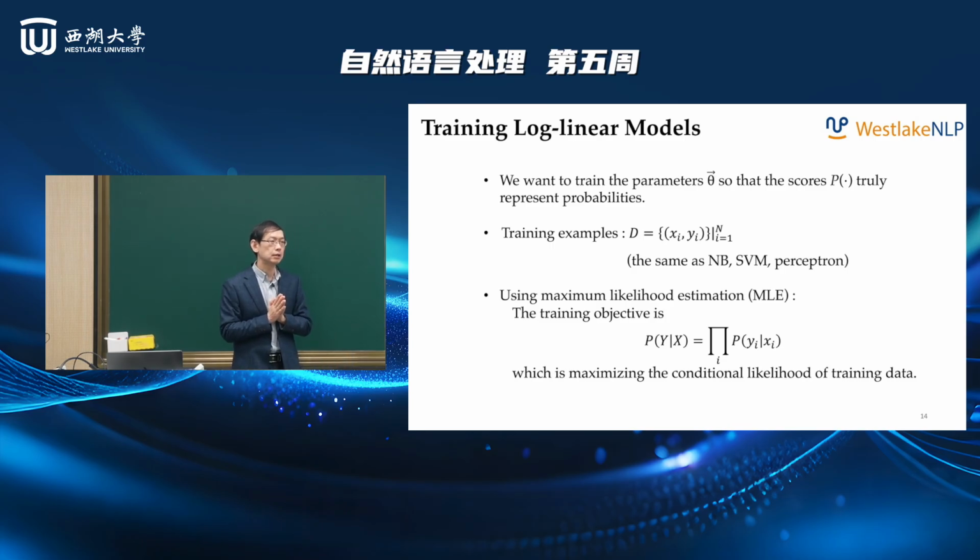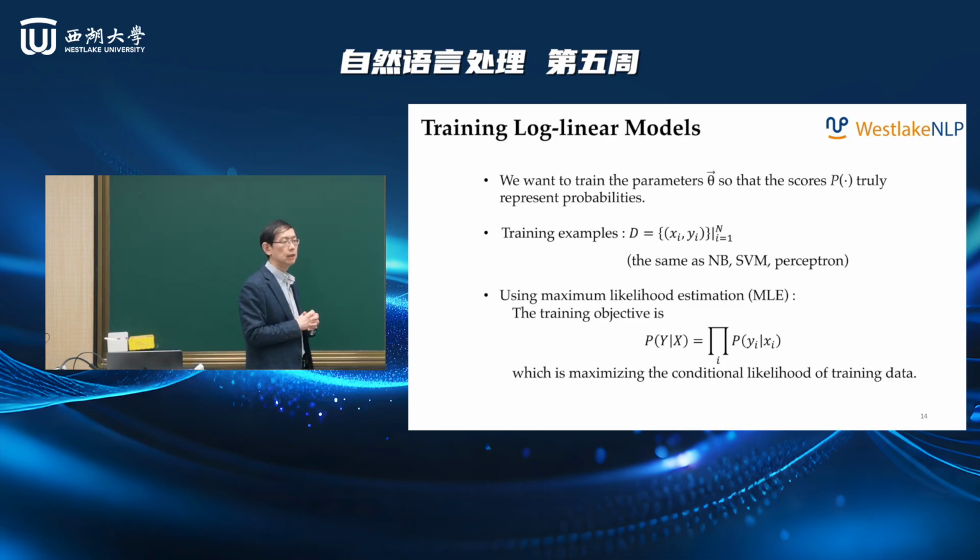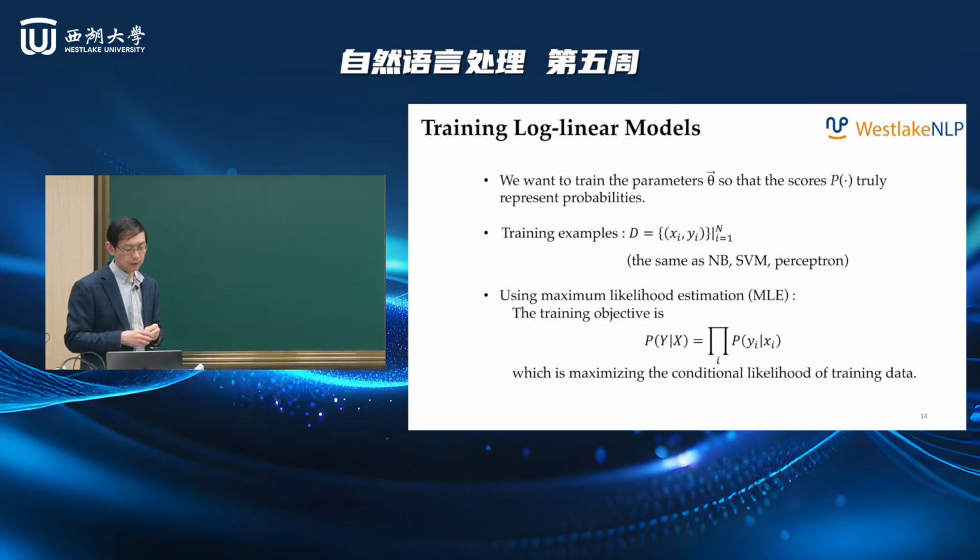Naive Bayes is a joint probability as well. Conditional likelihood is basically the same as the unconditional likelihood. You just multiply the conditional probabilities together, assuming that they are IID training instances, and this is the data likelihood.